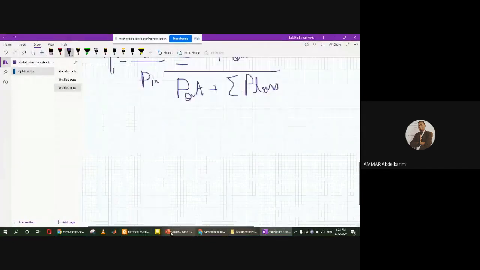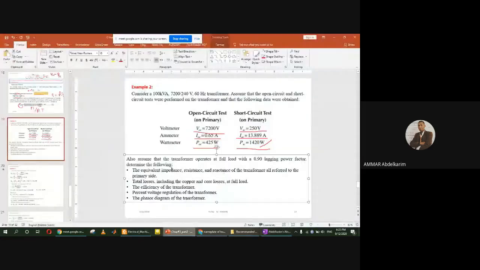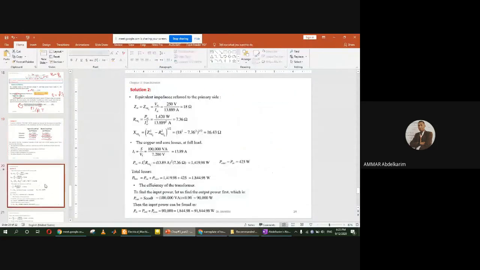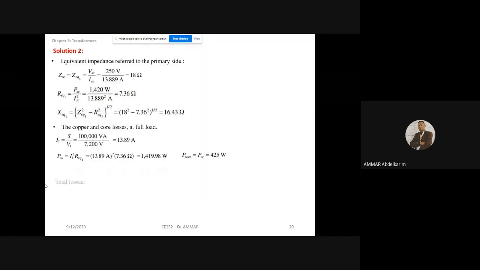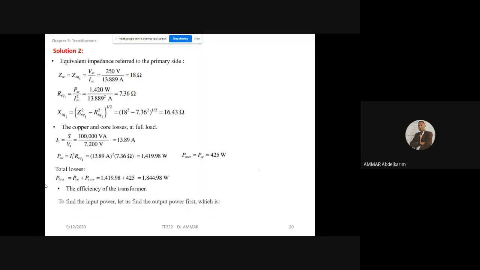So this is how we can calculate the efficiency of the transformer.